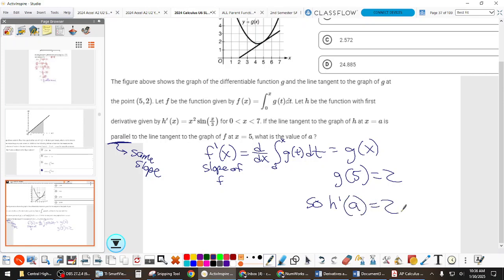So we need to look for what x value makes h prime equal 2. And this is an x over 3, so x squared sine x over 3.